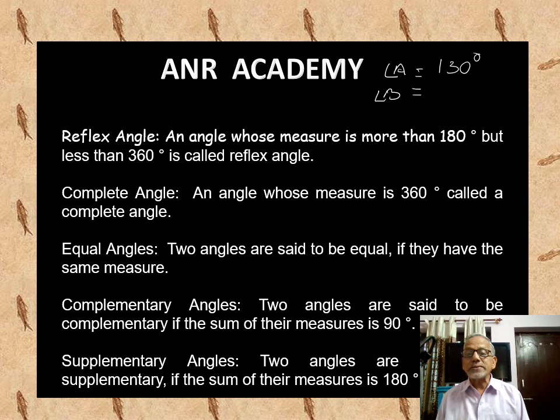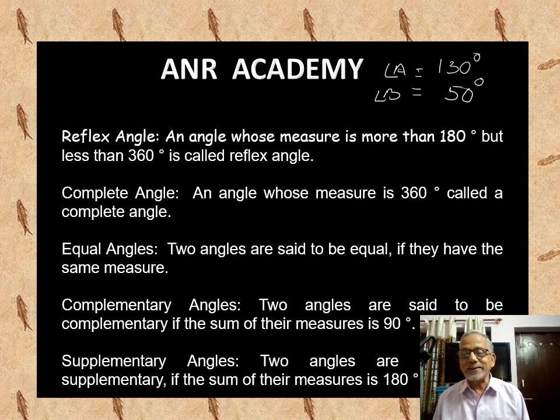Angle B measures 50 degrees. What is the sum of angle A and angle B? The sum is 180 degrees. So here angle A and angle B are called supplementary.